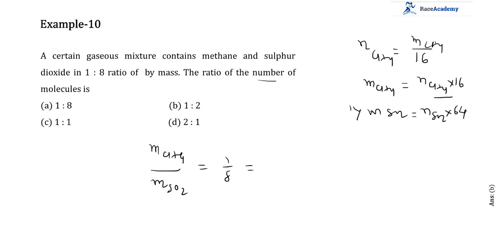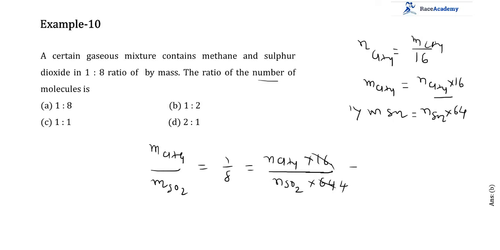If you substitute this here, we can get the ratio of number of moles. Mass of methane over mass of SO2: number of moles of methane into 16 divided by number of moles of SO2 into 64. 16 into 4 is 64.